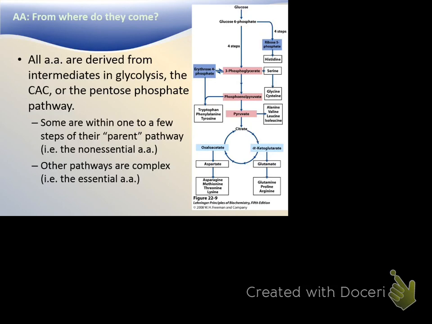All the amino acids are made from derivatives of either glycolysis, the citric acid cycle, or the pentose phosphate pathway. The one pseudo exception is arginine in bacteria. Well, technically, we can also do this with arginine because we actually already know how to make arginine from something.